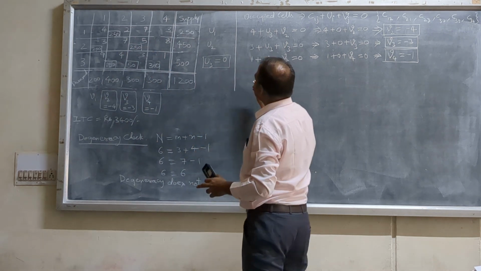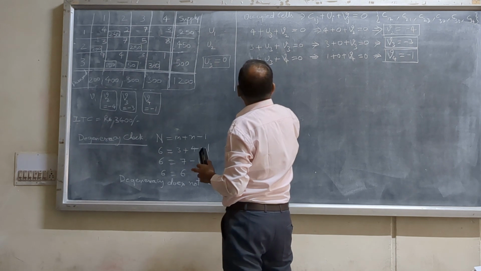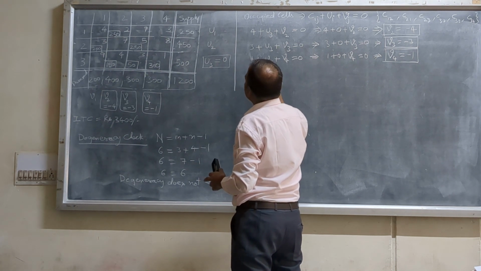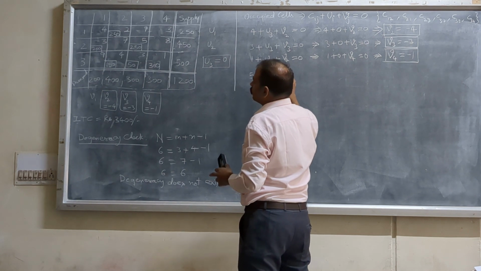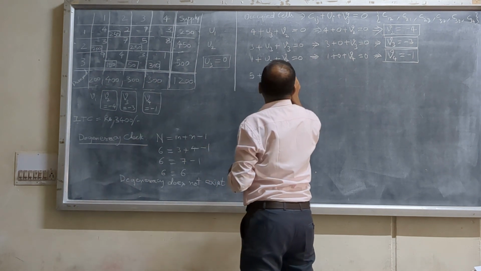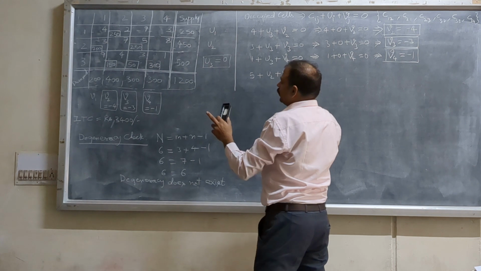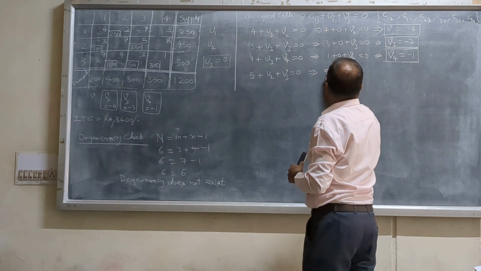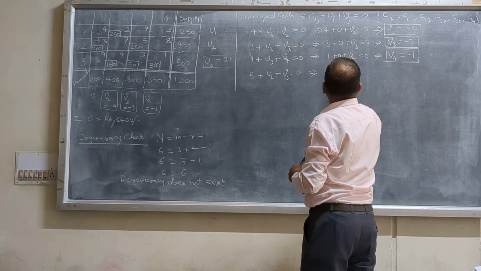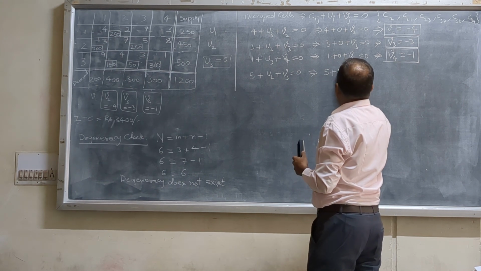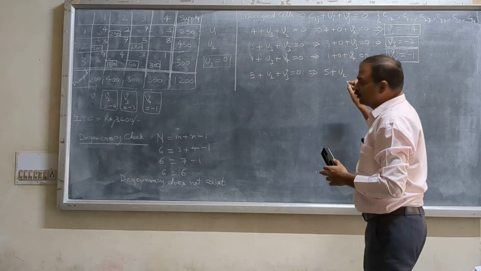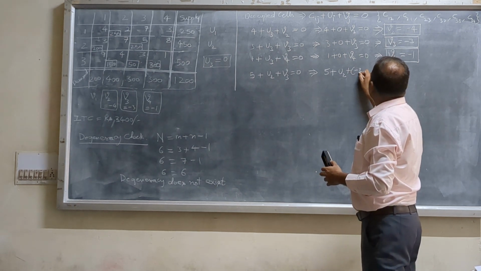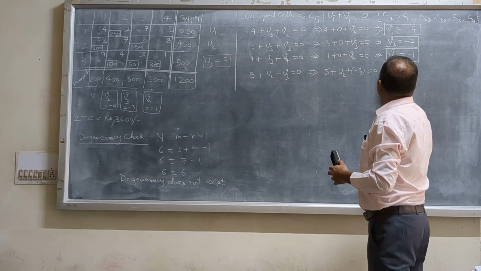Okay. So it is 5 plus U2 plus V3 equal to 0. This implies 5 plus U2, which we don't know, plus V3, which is minus 3, equal to 0.